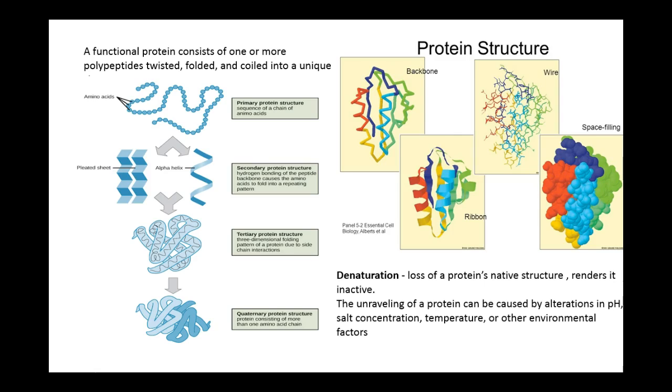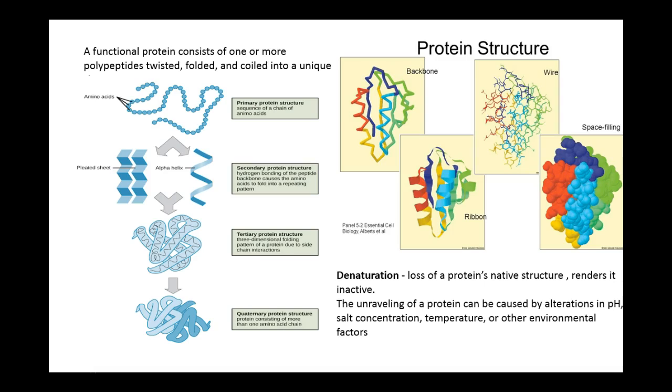This also happens in your body. It's one of the reasons why a very high fever is very dangerous. A high fever is dangerous for anybody because much of your body is proteins. And so that high fever, that high heat can denature your proteins. You have proteins in your brain. You have enzymes that are proteins, structural proteins, antibodies.